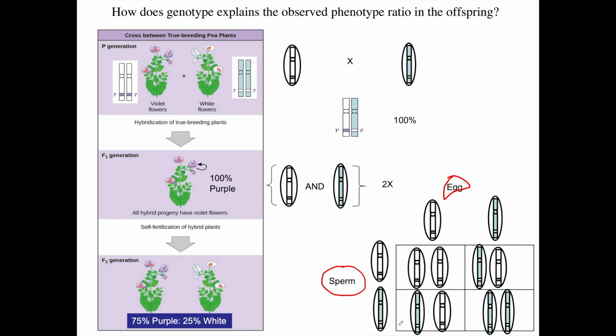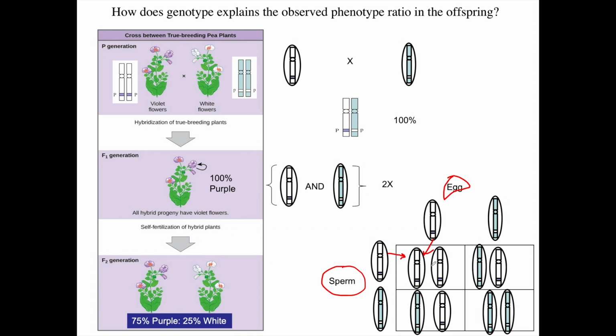In a Punnett square, you put the gametes on the outside of this square. You produce a square and you put the gametes on the outside for the sperm and the egg, and you start combining them. So we get a purple sperm, which is going to fertilize a purple egg, right?